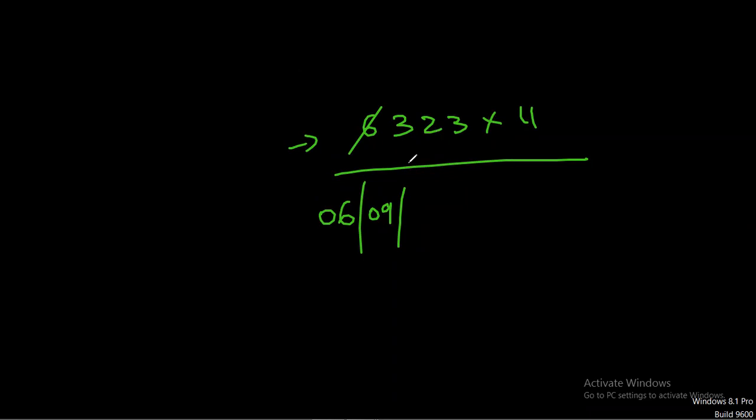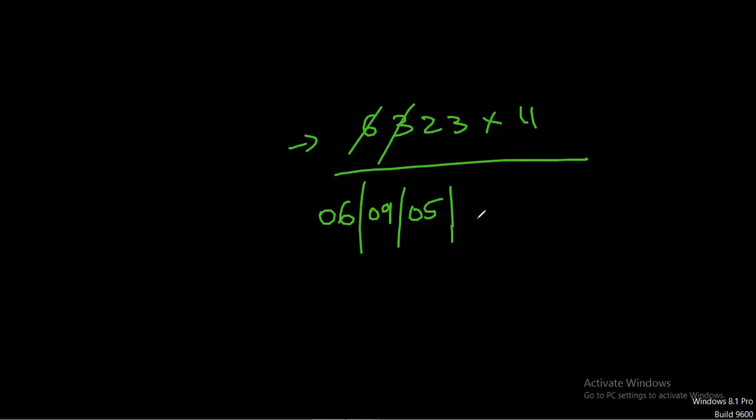What are the next 2 digits after 6? 3 and 2. So add those 2. 3 plus 2, it is 5. Understand?